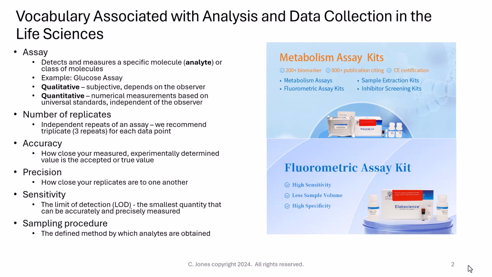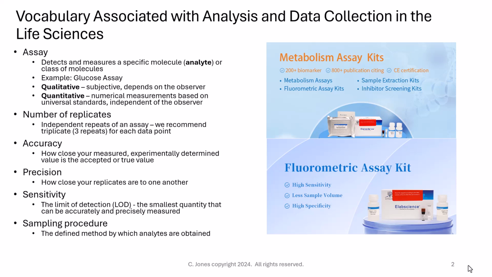A carbohydrate assay measures sugars, which would include glucose but could also include other sugars such as ribose, sucrose, fructose, and so forth. We discussed this in the very first segment, qualitative versus quantitative measurements, and now we're just saying that we have qualitative versus quantitative assays.